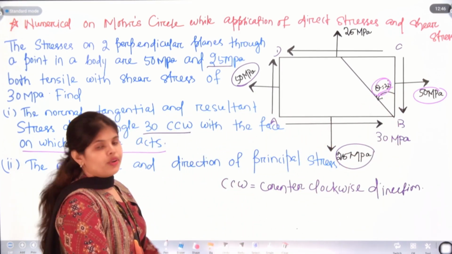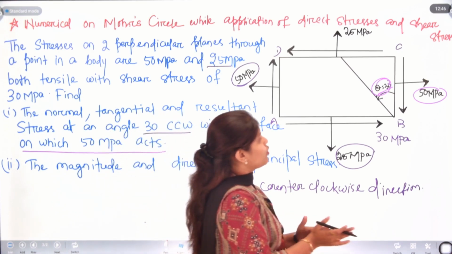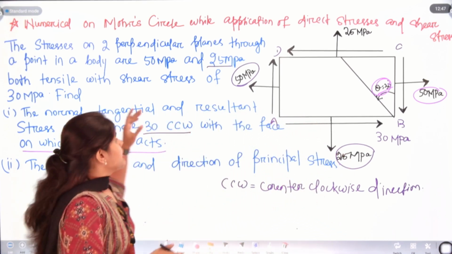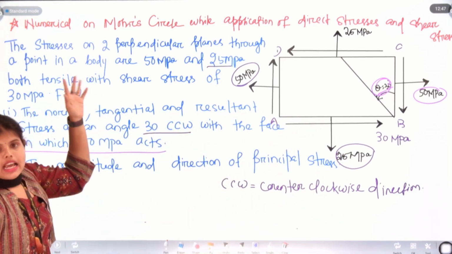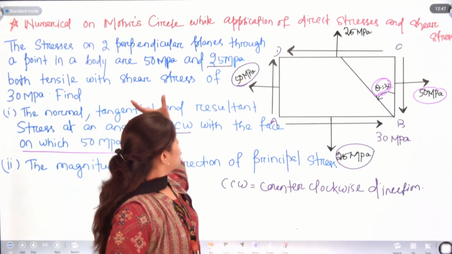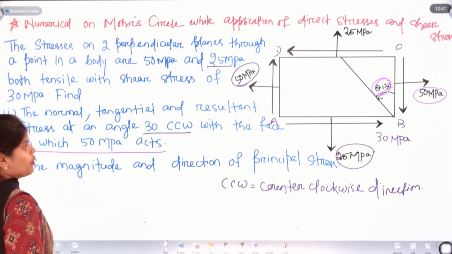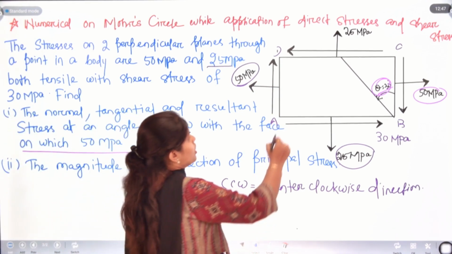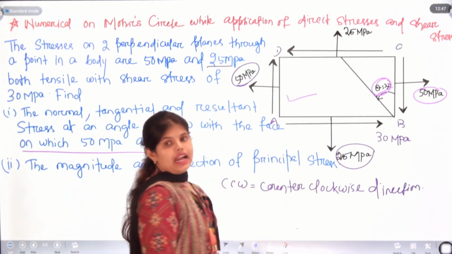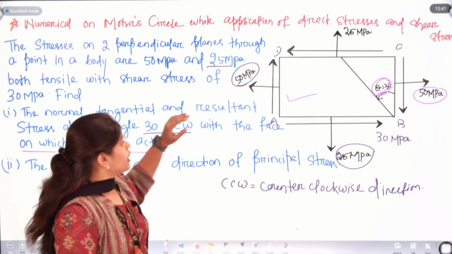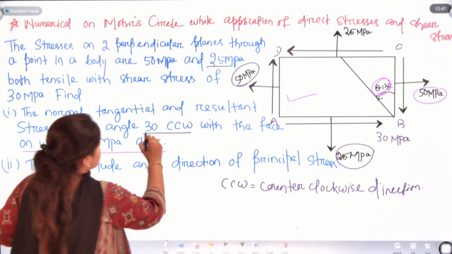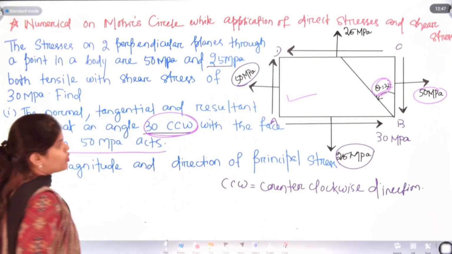In your examination questions, there will be the diagram, or else you have a question like this and you need to put these values in this drawing. Our first work is to draw the plane and apply the stresses. Like this is CCW, counterclockwise direction.